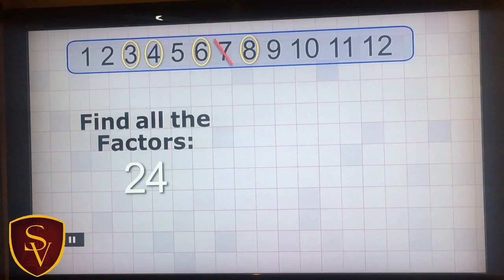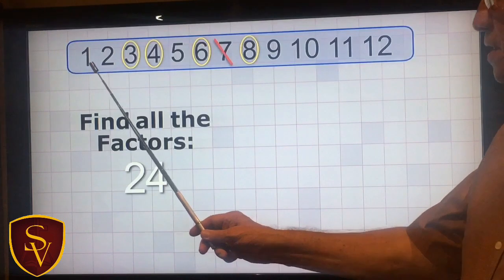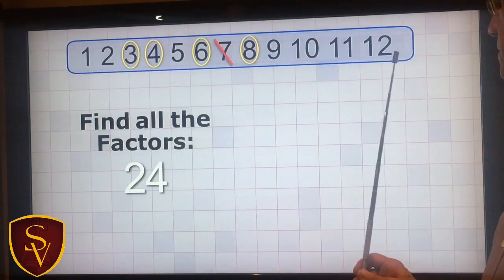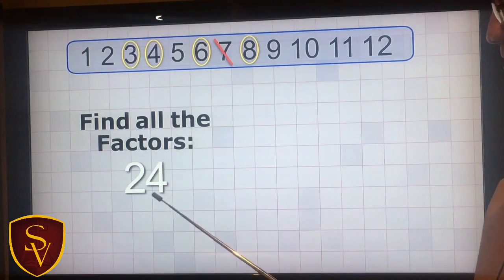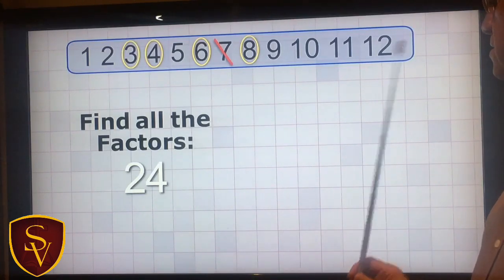In this chart, we can find easily which are the numbers that are factors of 24. We have to run the numbers from 1 to 12, since 24 divided by 2 is going to give us 12.